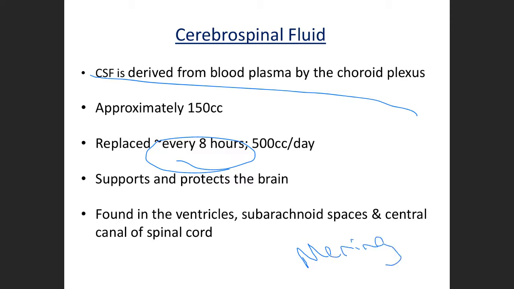So your meninges being your dura mater, your arachnoid mater, and your pia mater. If there is contamination of the cerebrospinal fluid, because it passes through the meninges, it can cause swelling of the meninges. Guess what that is called? Meningitis. So meningitis is an infection, bacterial or viral, that causes swelling of the meninges because the cerebrospinal fluid has been contaminated.